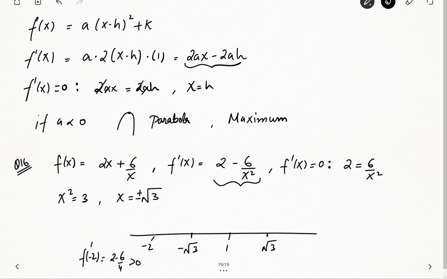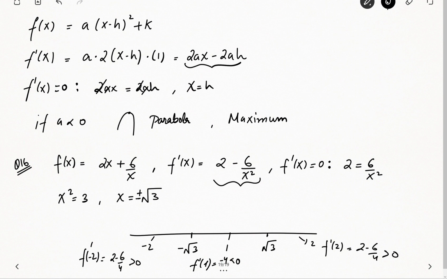When you pick 1, f prime of 1 is equal to 2 minus 6, so that's minus 4, which is less than 0. Cool. Now to figure out a point bigger than that, we're just going to pick 2. f prime of 2 gives me the same result, 2 minus 6 over 4, which is greater than 0. My bad.